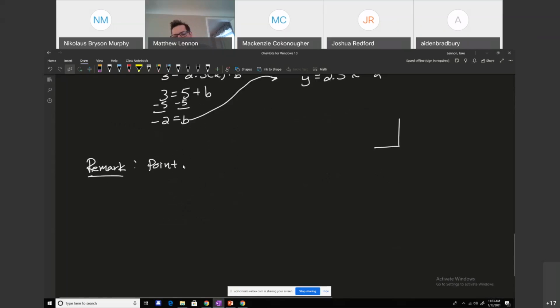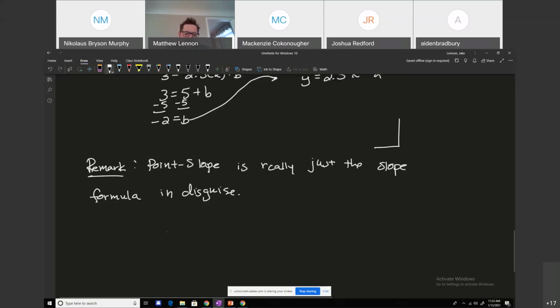Point slope is really just the slope formula in disguise. Not a lot of people make that connection for whatever reason, right?